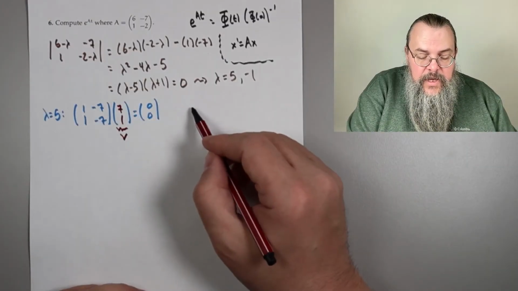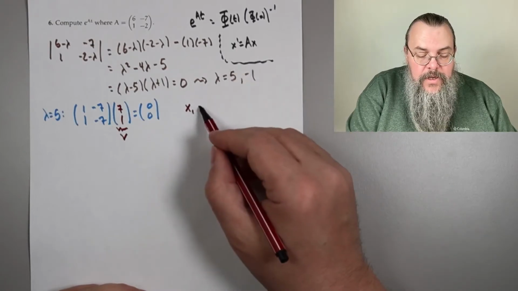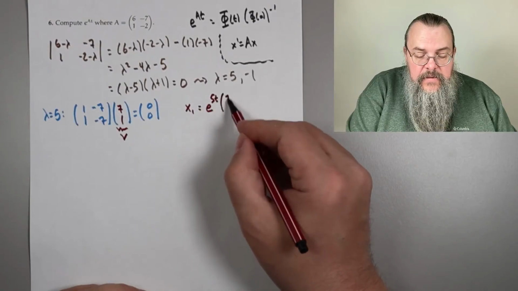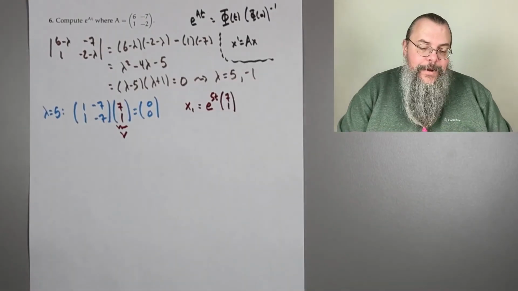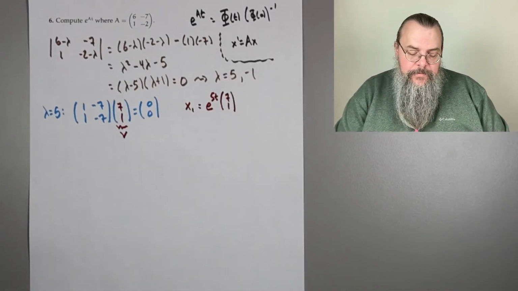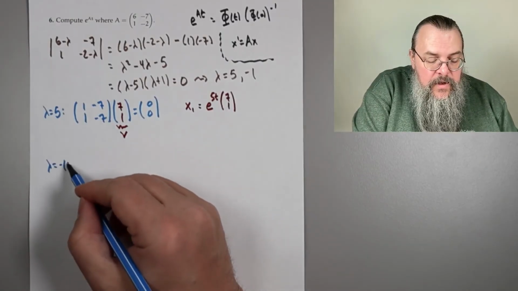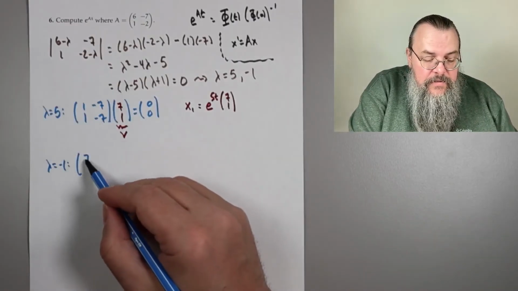And so we have a solution that would look like e to the lambda t times our eigenvector. Okay, well, what about minus 1? For minus 1, what happens? 6 minus minus 1 is 7.